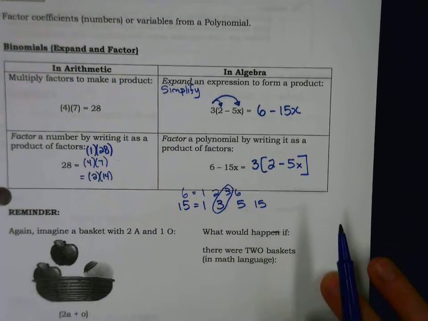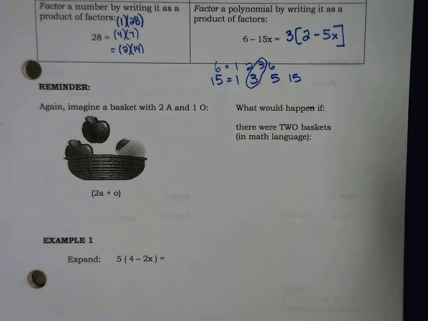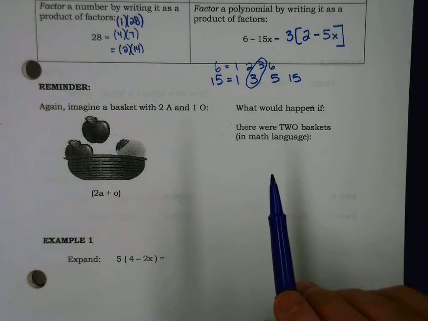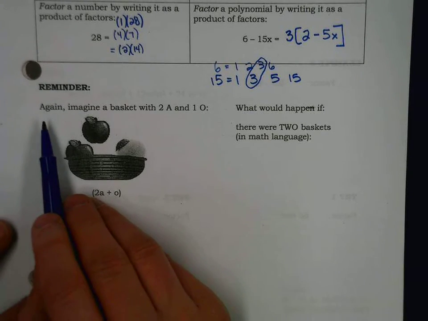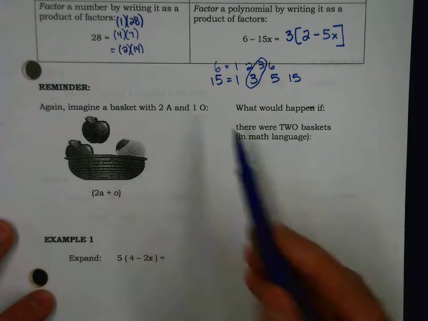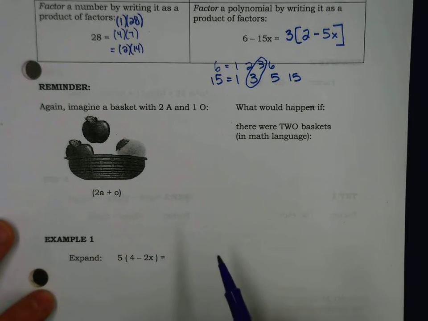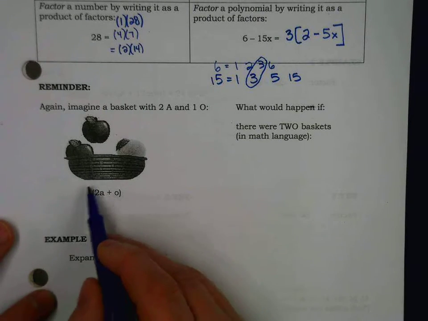So, one last reminder, what we're dealing with is, so far, a monomial and a binomial. We've talked about this before, where you could imagine a basket with 2 apples and 1 orange. This could be represented with a 2a plus an o. That's what's in the basket.